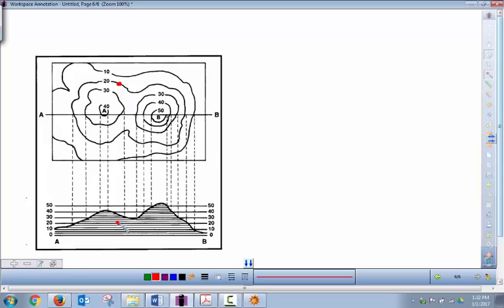Let's say you're on that side of the mountain in the trail and you're at 20 meters up in altitude. So you can climb your way to the top of this peak by looking at your map and asking yourself which direction should I go to get to the top of the peak. Okay? So this is a contour map.